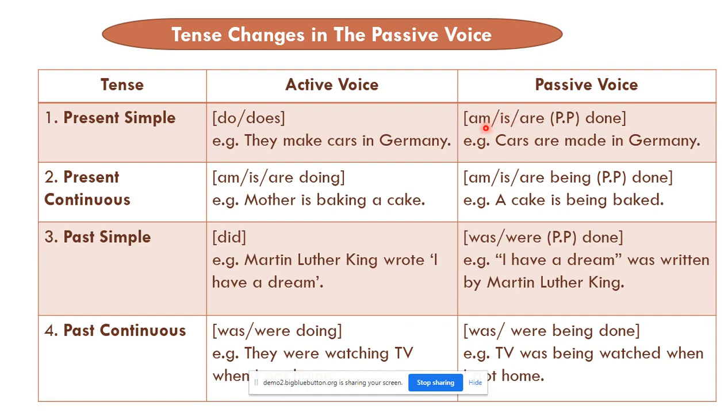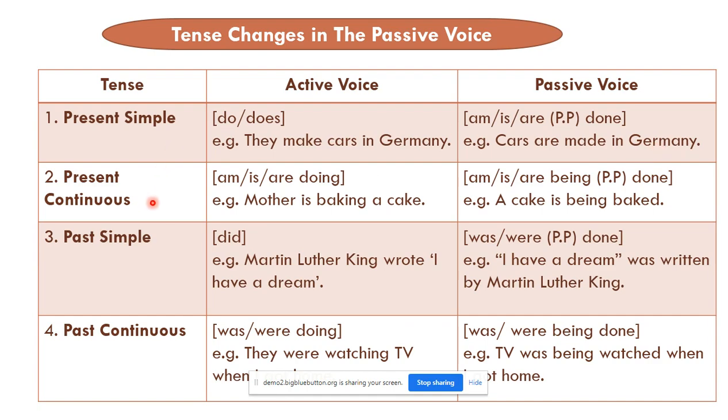Take care that the verb to be here goes according to the new subject or the new pronoun. Cars here is plural, so it will be cars are made. Made is the past participle of make, in Germany.